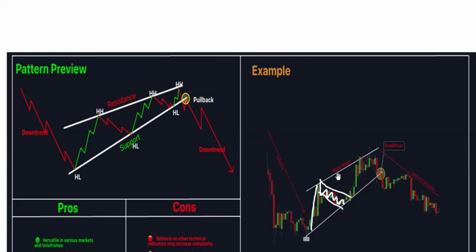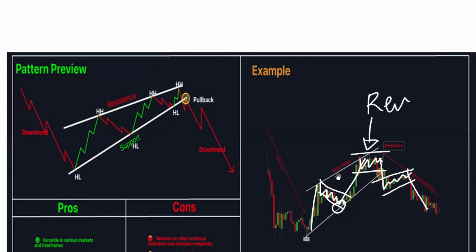When the market went up again here, it formed a pattern, and at this top it broke to the downside, pulled back, formed another pattern, and started coming down. So right here, we have a continuation pattern. Right at the top here, we have what we call a reversal pattern. And right here again, we have a continuation pattern.